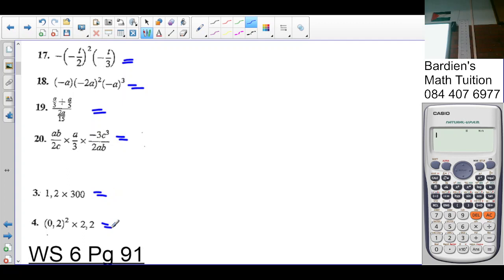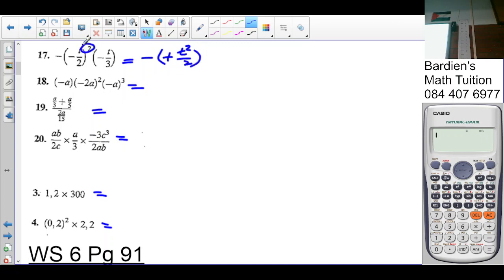Next one, number 17. T cube over 12. Okay, listen, negative squared is positive, so t squared over 2.